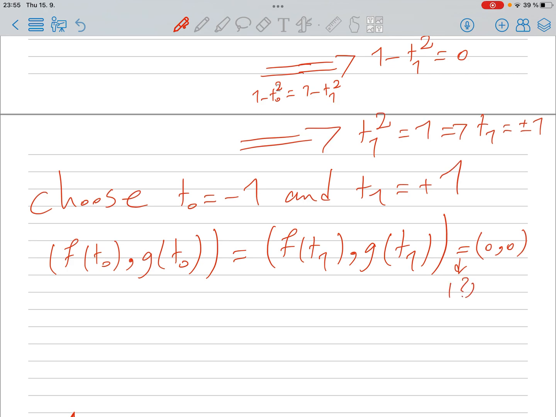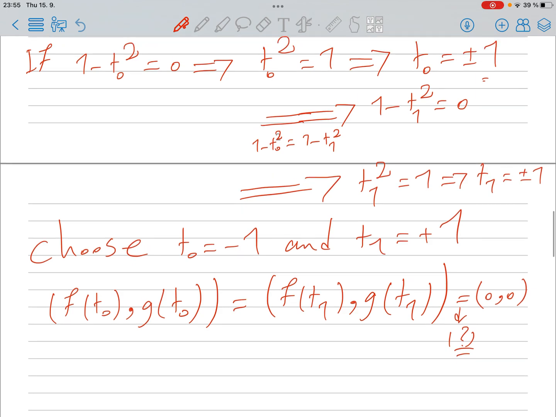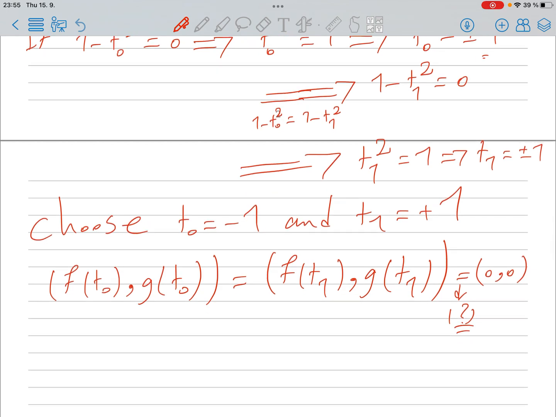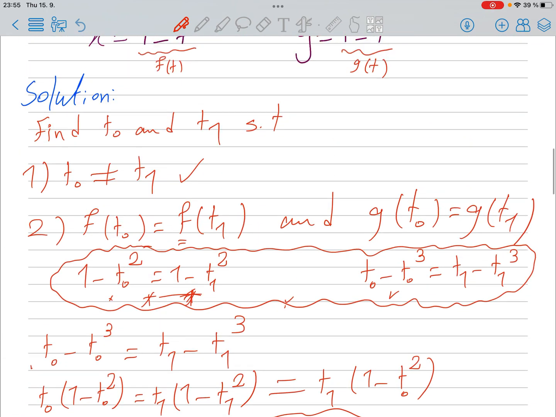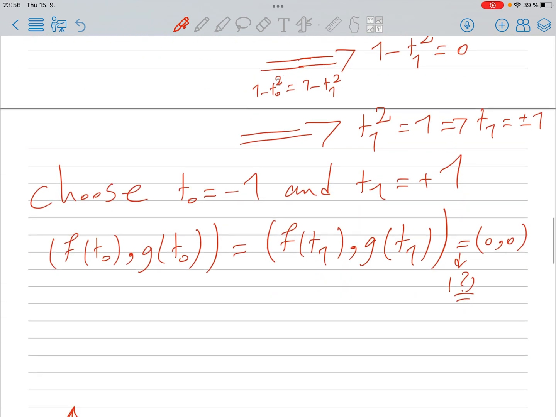If you want me to clarify this part more, just substitute t0 equal to minus 1 here, so then x is equal to 0 and y is also equal to 0, and for t1 it is also the same.